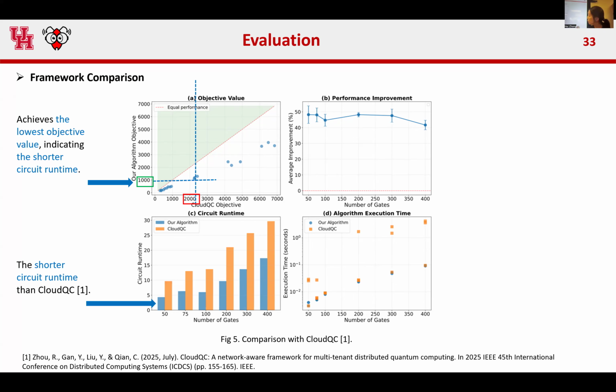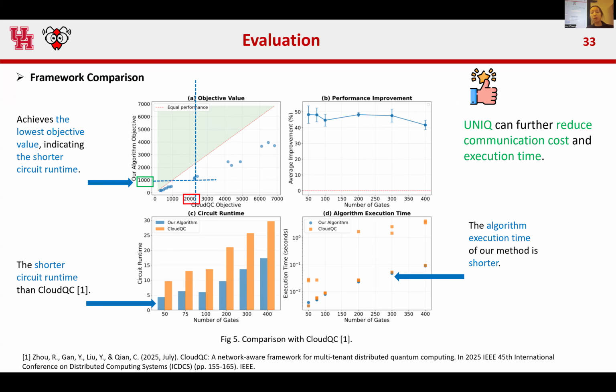The next figure shows that we can achieve a shorter circuit runtime than Cloud QC, the blue blocks. And for figure D, comparing the algorithm execution time, our method is also shorter than Cloud QC. Then we can get the conclusion that UNIQUE can further reduce the communication cost and the execution time.